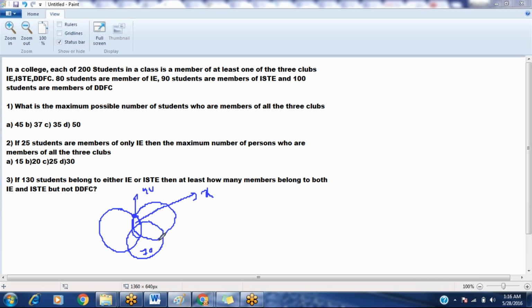We know that DDFC is equal to 100, and this portion is already 70, so this portion will be 30. So the value of this portion will be 10. So the minimum number of members belonging to IE and ISTE but not DDFC is 10. I hope this is clear.